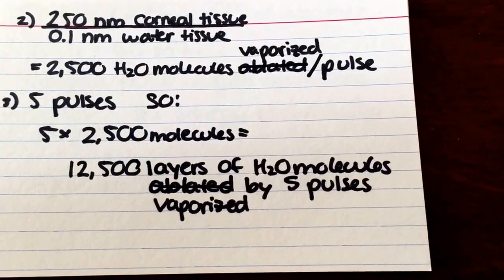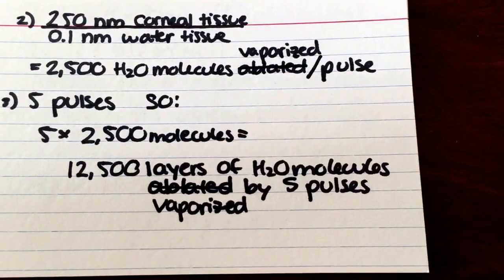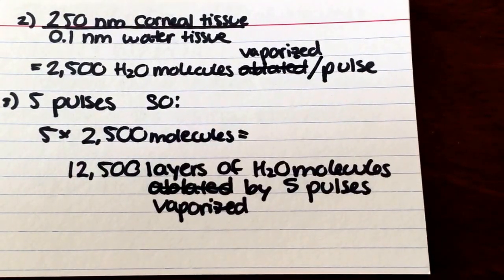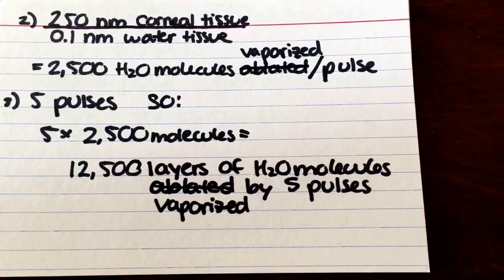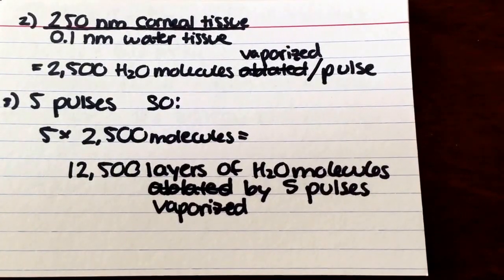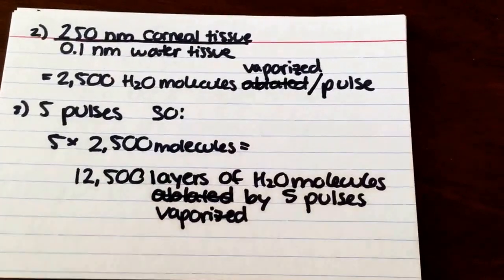And so we're going to have 2,500 water molecules vaporized by 1 pulse. However, we have 5 pulses, so we have to multiply that. And so we have 12,500 layers of water molecules vaporized by 5 pulses altogether.